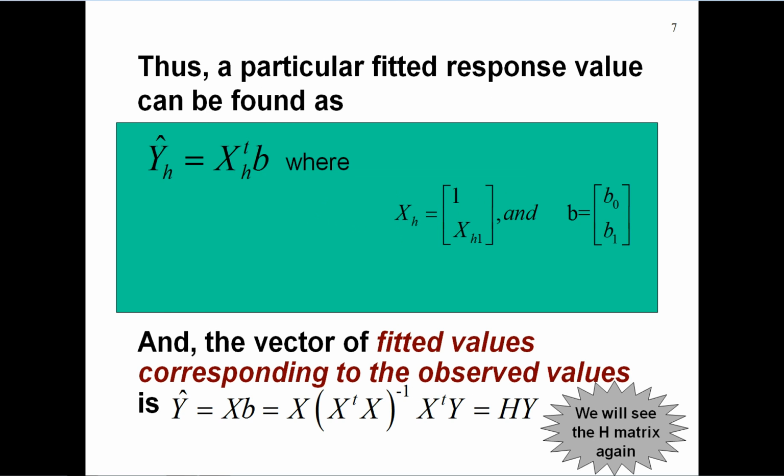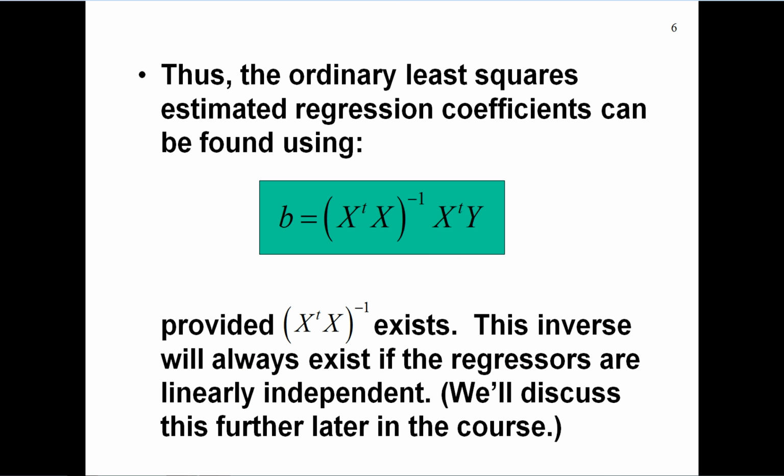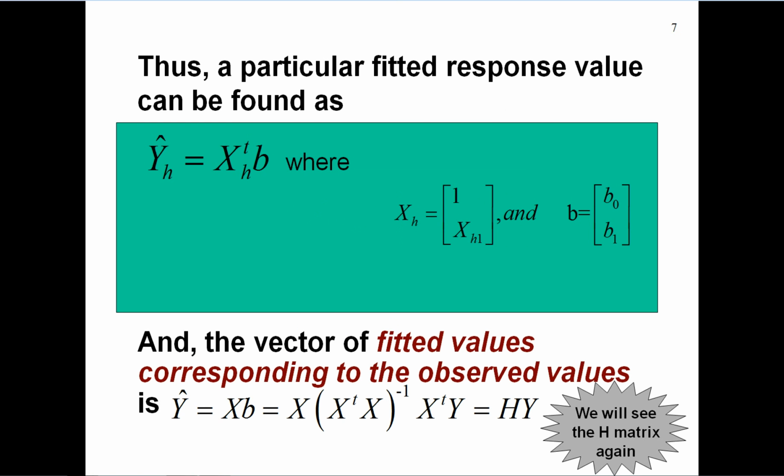So we have a way to find our estimated regression coefficients, our b0 and b1. And now if we want to find the fitted value for a particular level of x, we simply need to perform the matrix arithmetic that you see on this slide.